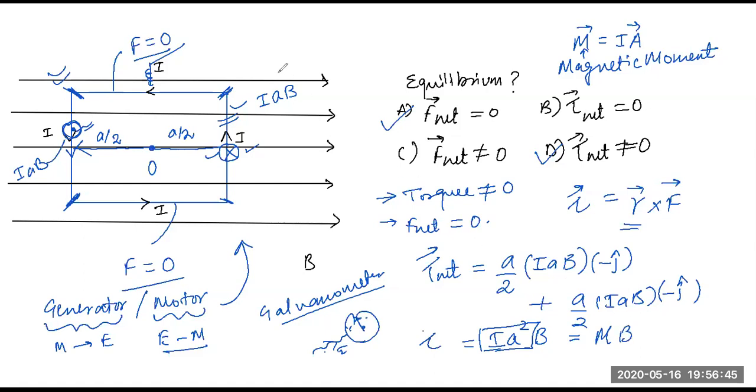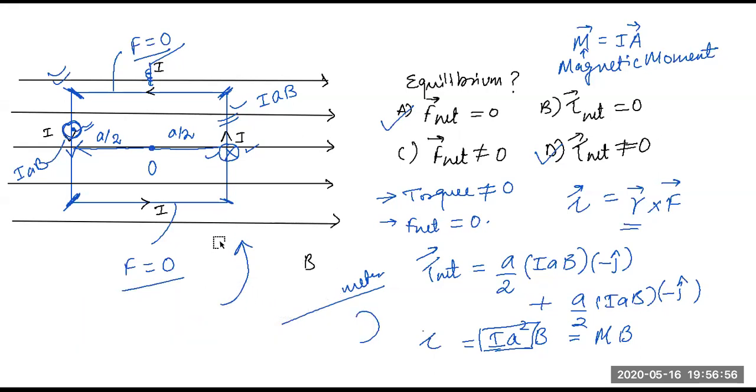So torque can be written as magnetic moment multiplied by magnetic field. And if you want to write it in vector notation, then the final formula for torque can be written like this. Torque can be written as M cross B.